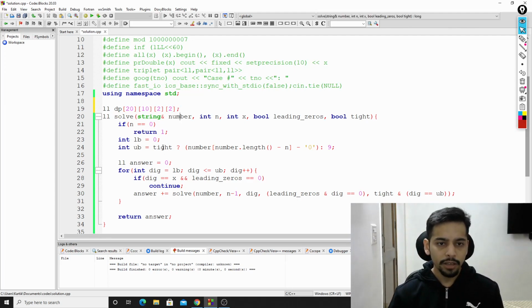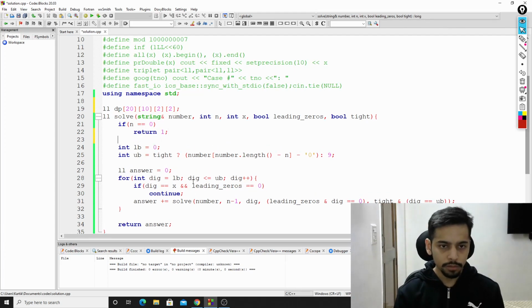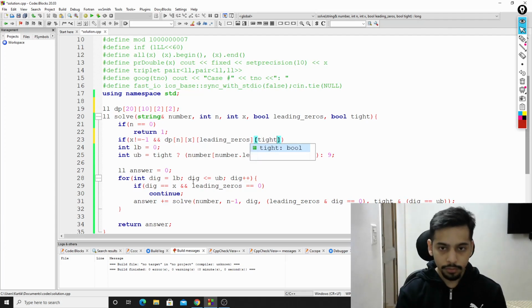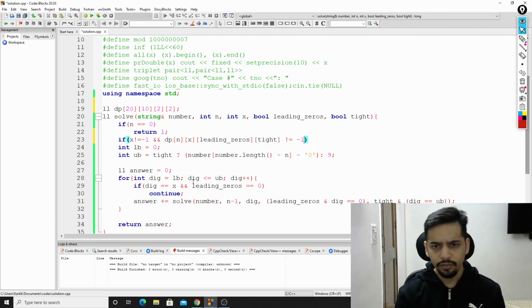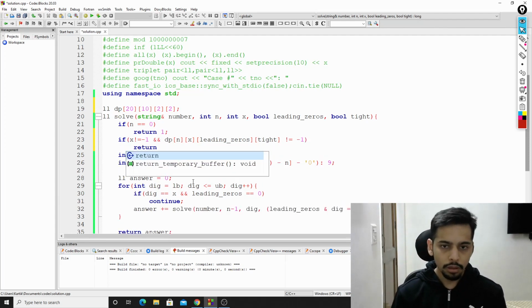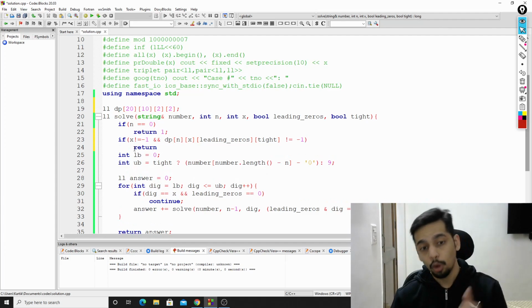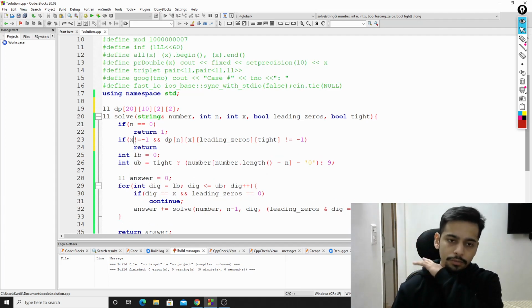If x is not -1 and dp of n, x, leading zeros and tight is not equal to -1, meaning I have solved this subproblem before.